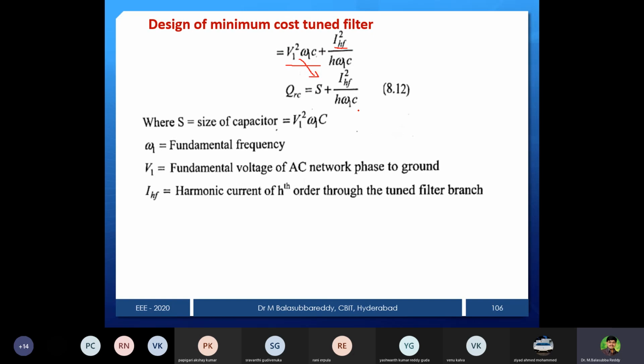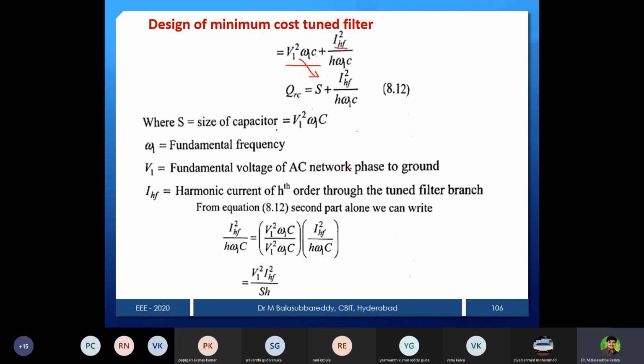If I use a 6 pulse converter, the lower order is different, and with a 12 pulse converter, it will come from 11th and 13th onwards like that. So based on your requirement, you can suppress your harmonic by designing this filter. At that moment, I want to design only for the 11th order harmonic, let us assume that. Then the H becomes 11th order. So that is only the order of the filter.